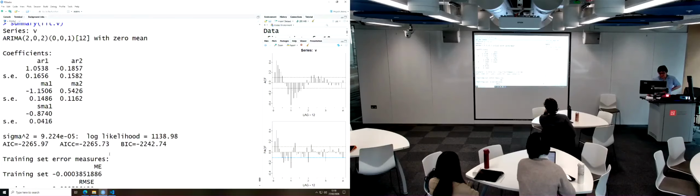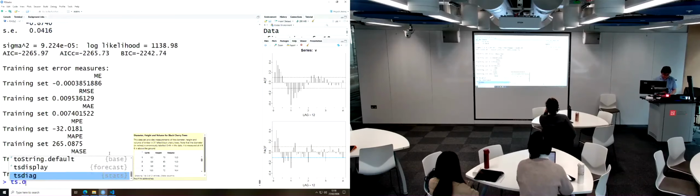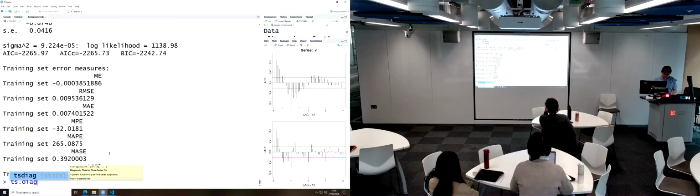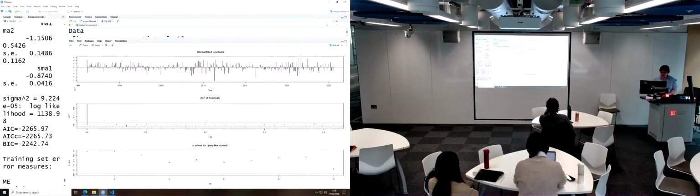Well, is it good? People usually do some diagnostic plot. This diagnostic plot is something that we'll talk about actually. So plot the standardized residual of the model after fitting this seasonal ARIMA model, and then look at the residual.